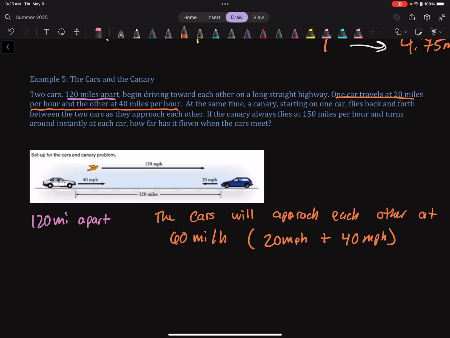So the cars will approach each other at 60 miles per hour. Why? Because one is traveling at 20 and one is traveling at 40. So when they come together, it's 60 miles per hour.